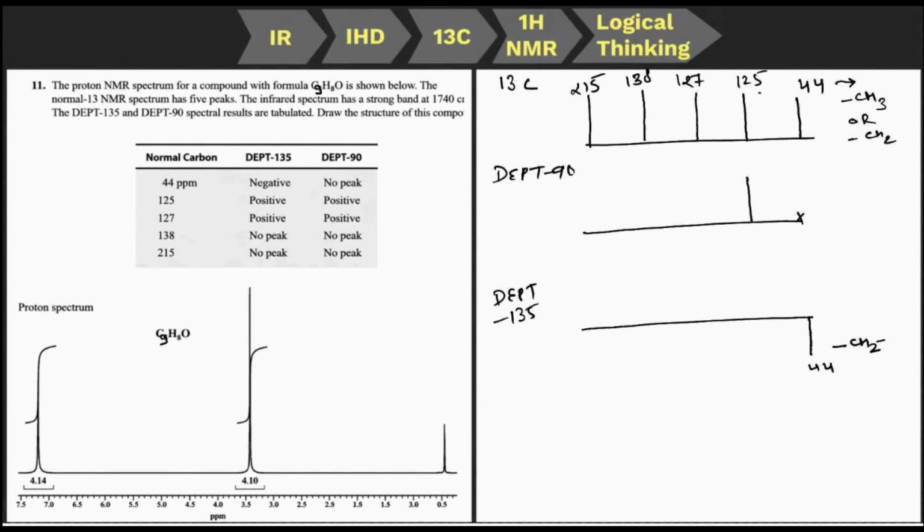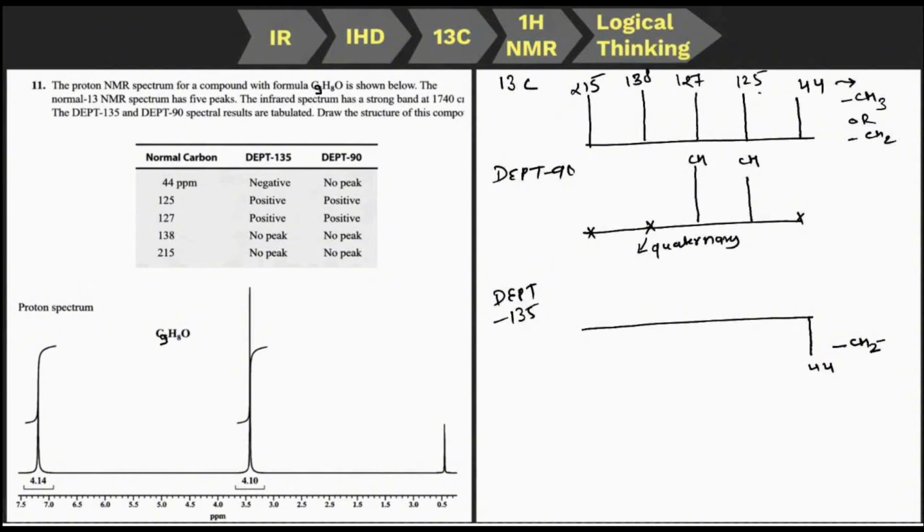It means 125 belongs to a CH of the benzene, and 127 is also positive. This is also a CH of the benzene. 138 is not showing any signal, and 215 of course belongs to the keto, so no signal. It means 138 is a quaternary carbon of the benzene ring. What does it mean? It means the benzene has substitution, and that substituted carbon is coming at 138 ppm.